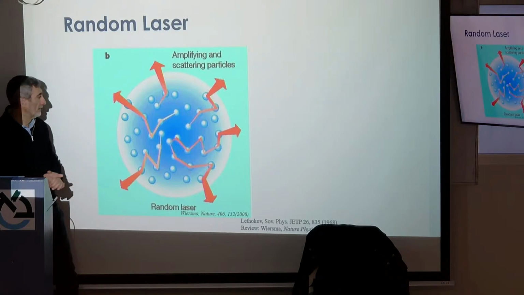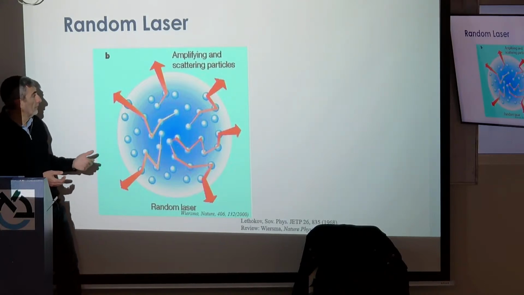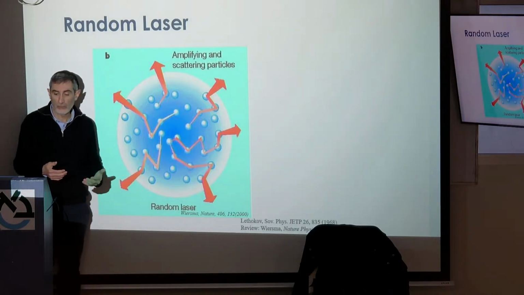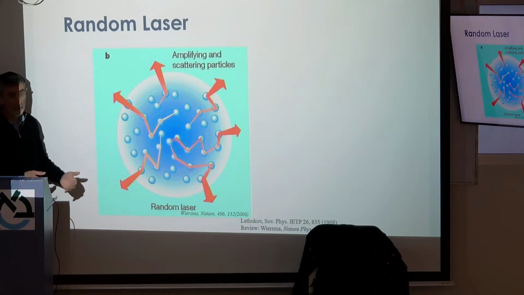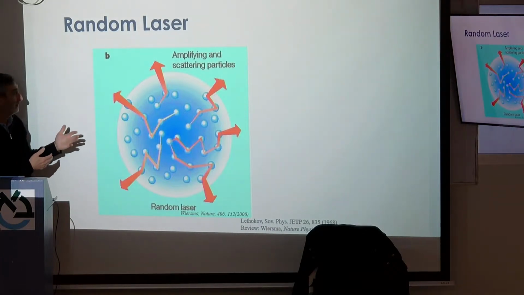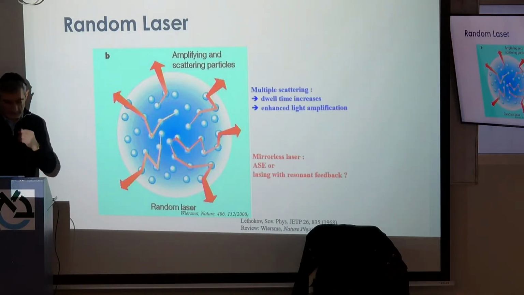The loss increases as r squared, the gain increases as r cubed. At some point the gain will overcome the losses, and in that case you'll get lasing. So in principle, Letokhov said we should have lasing in his scattering medium, even if we don't have any mirrors. Multiple scattering is the feedback process, and then slight amplification. There is no mirror.